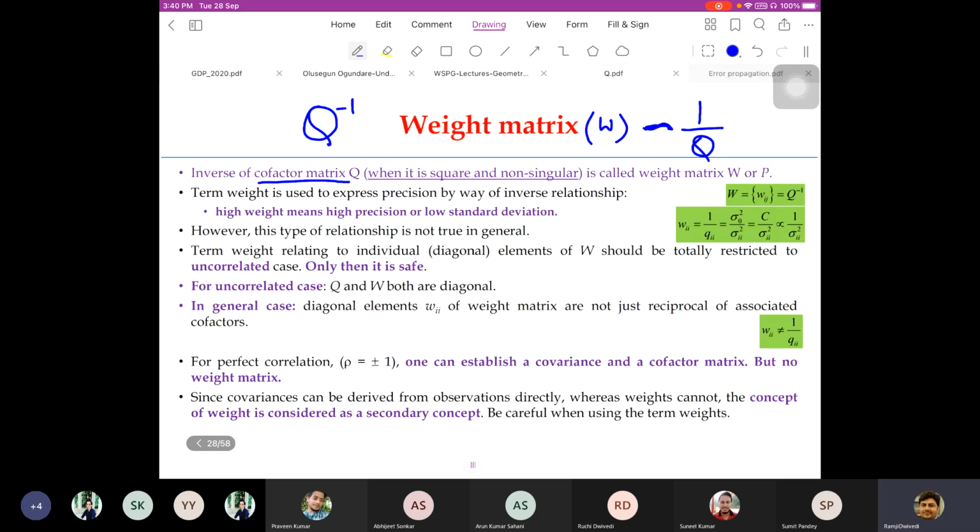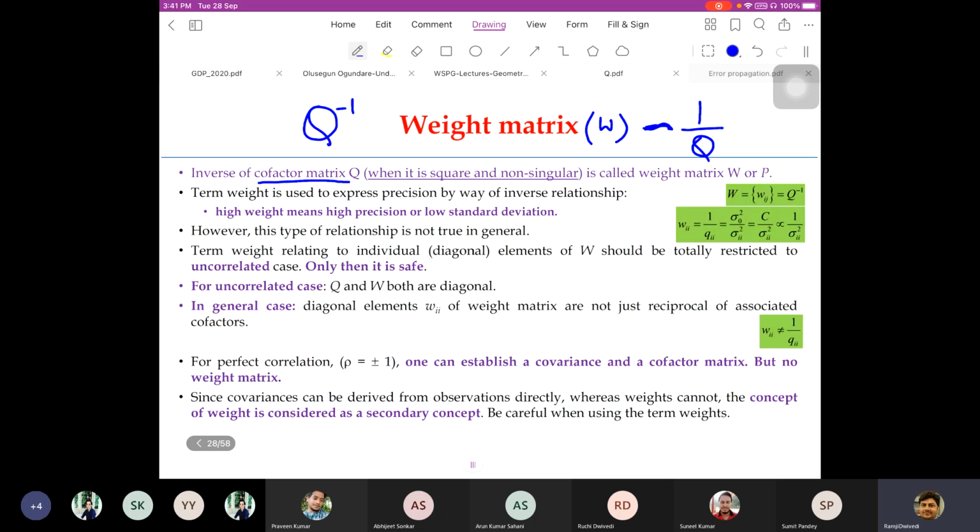Similarly, in observations, you try to give more weight to the observation that is very precise. Or if you talk about a data set, you are inclined to give more weightage to the data set which has the lowest standard deviation, because it has more reliability, or less dispersion, less deviation from the mean value.